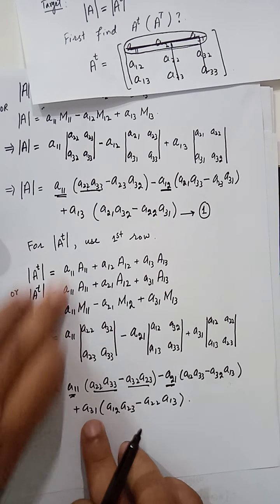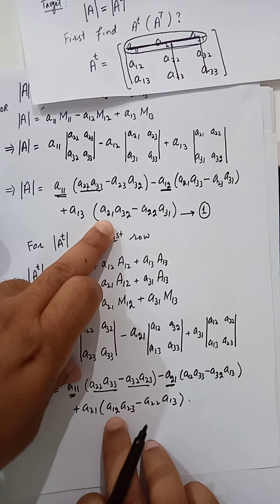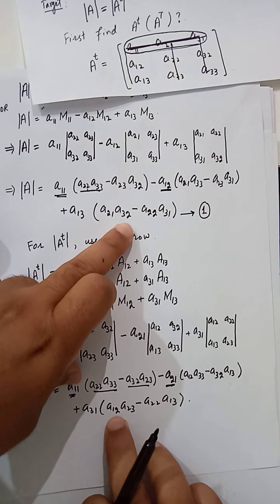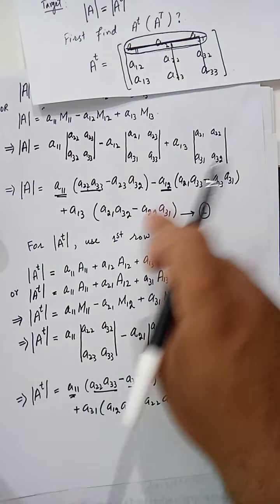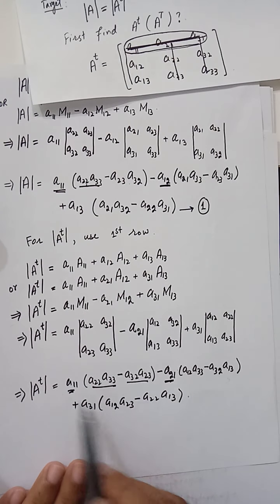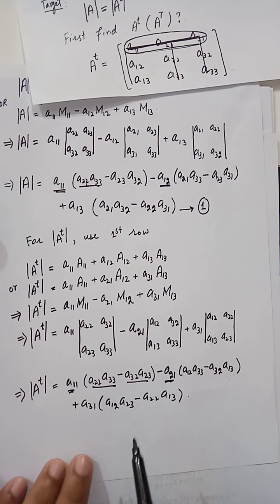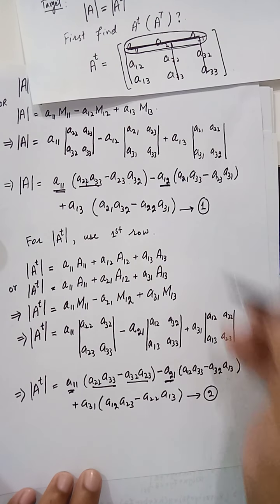Here it is a13 and it is a31, but here it is a21 and here is a12. It is a32 and it is a23. So there is a difference, but whenever you multiply all these and then add and subtract, and when you multiply all these and add and subtract, you will get the same result from equation 1 and equation 2.